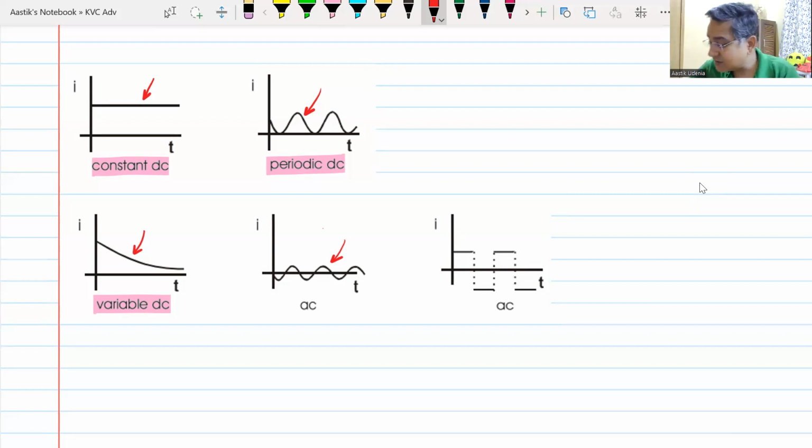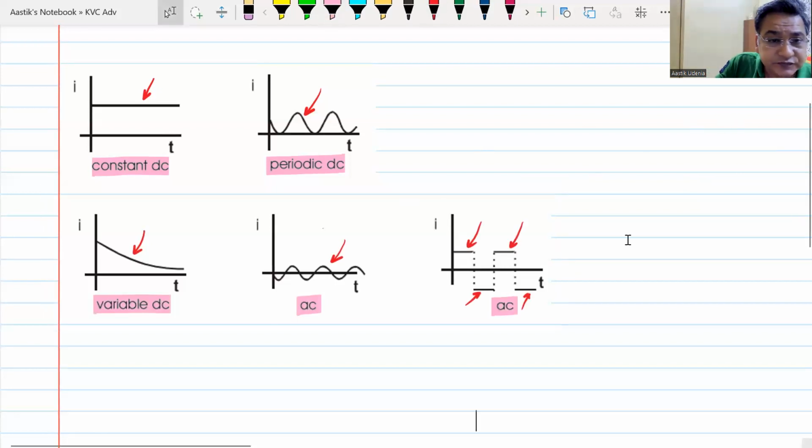This type of current becomes an alternating current or an alternating voltage. Here also you can see that the current is the same in magnitude, but it is changing its direction, and hence it is called an alternating current or an alternating voltage.